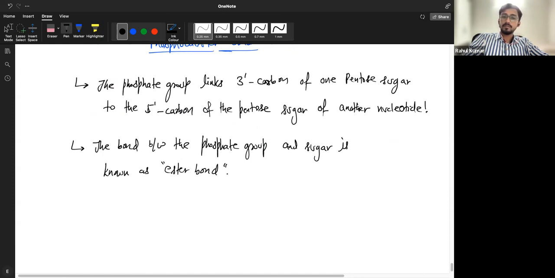Now you have to tell me, if the bond between one phosphate and one sugar is called ester bond, then what will the bond be called when one phosphate is attached to two sugars?